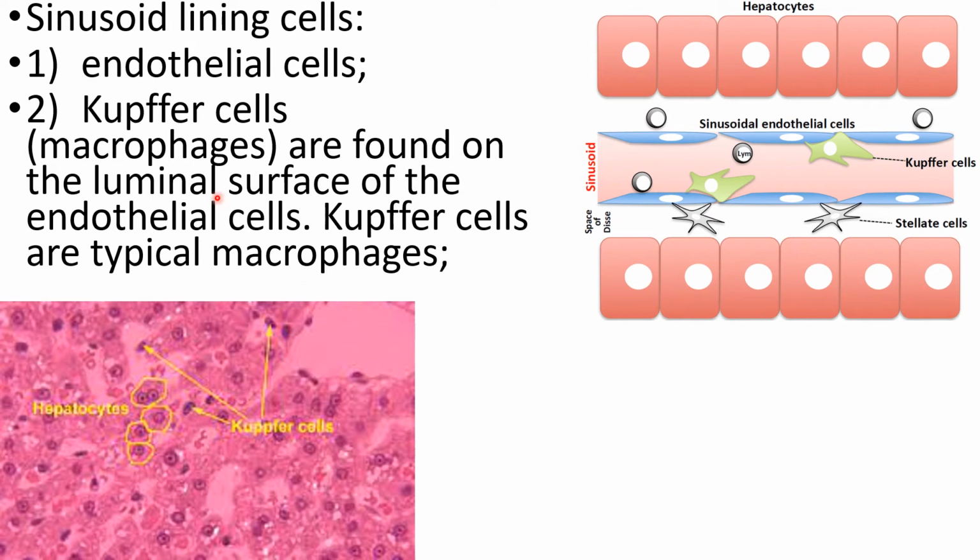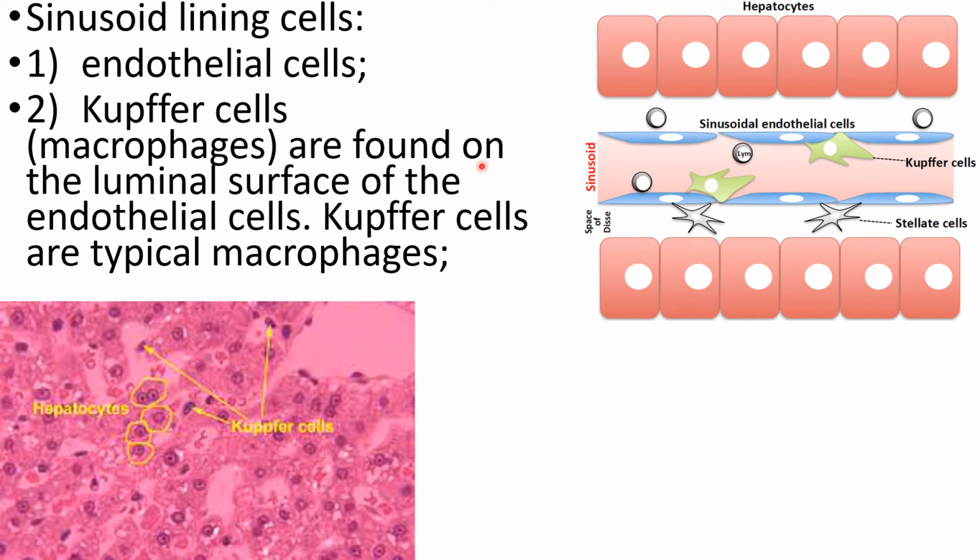The first type of cell is the endothelial cell, which is the cell lining the blood vessel, the blood capillary here. And the second important cells are called macrophages. You can see here, these cells are called Kupffer cells.